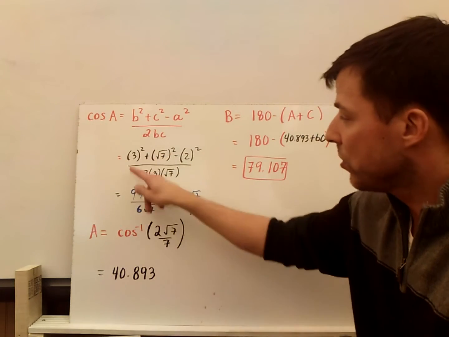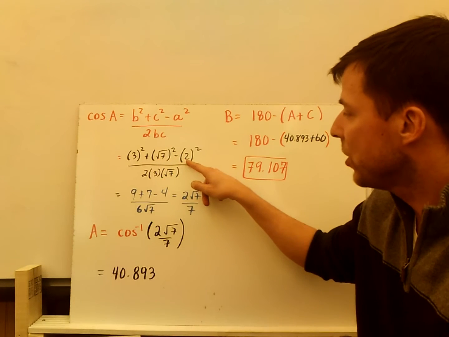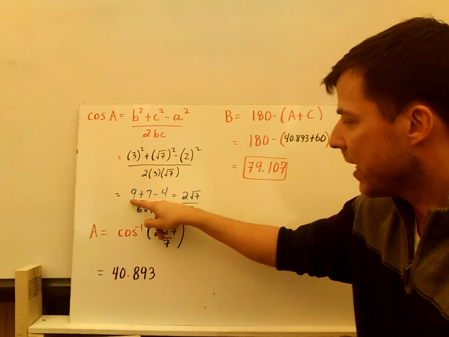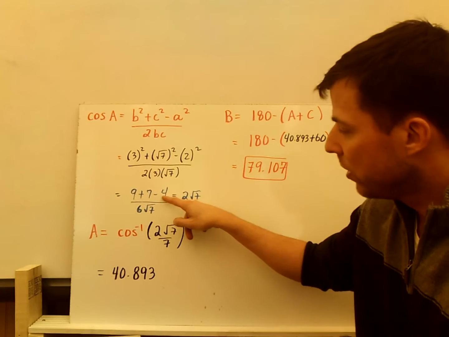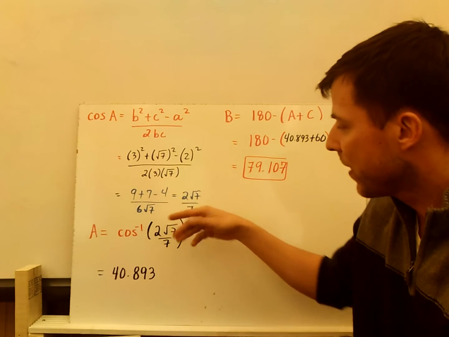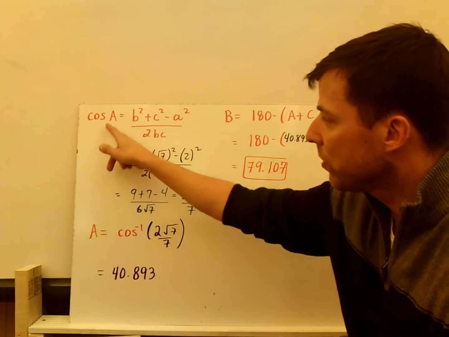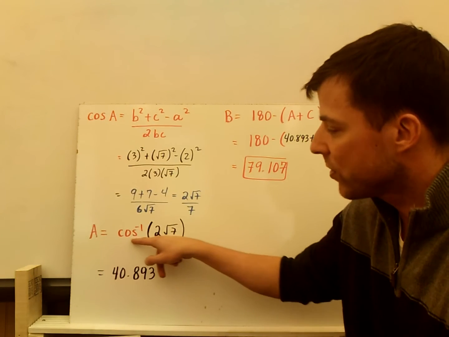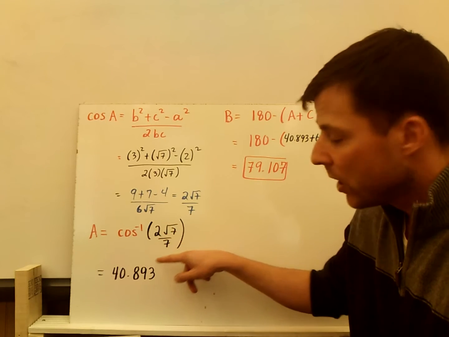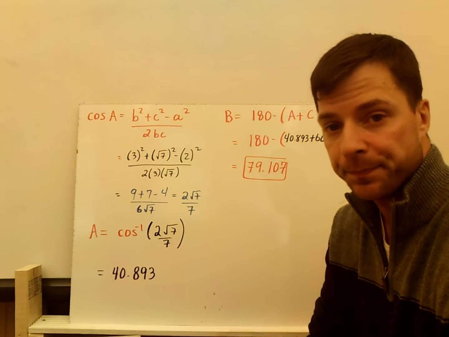I substitute: b is 3, c is root 7, which we just found, and a is 2. I get 9 plus 7 minus 4, all divided by 2 times 3 times root 7, which is 2 root 7 over 7. To find the angle, I take the inverse cosine of 2 root 7 over 7, which gives me an angle measure of 40.893.